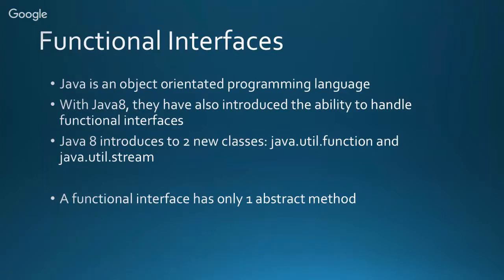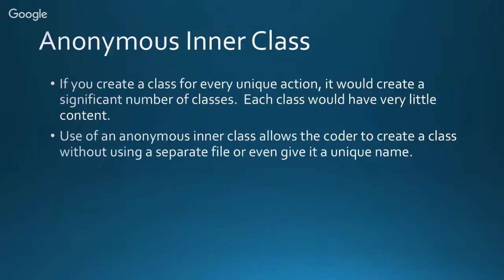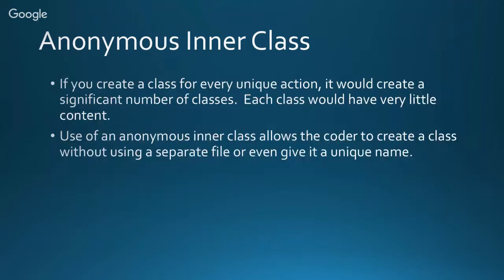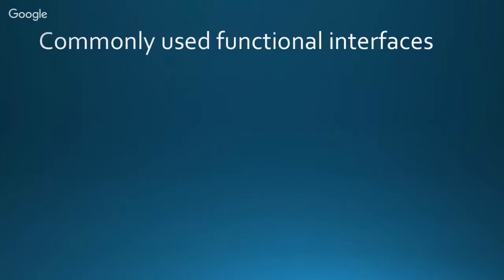Functional interfaces have just one method in them. So remember when we looked at our event handler, go back a couple of scenes here. There. That interface has just one method. So with Java 8, they've created some of these functional interfaces, and we'll build some of them together here today.